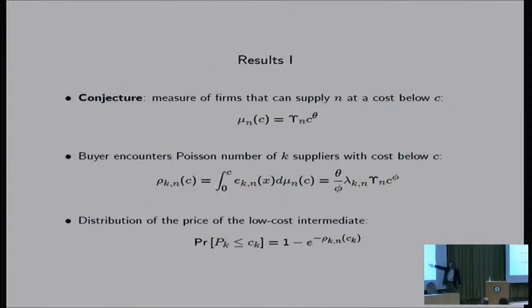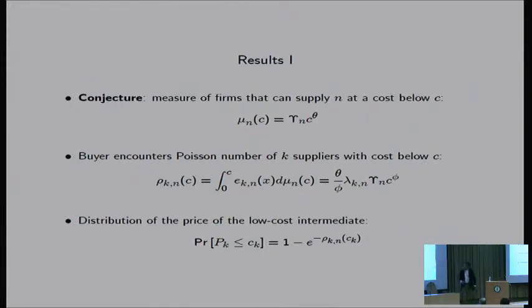And all you're doing here is integrating over the measures of firms whose cost is below C. You're integrating that Poisson intensity term, the encounter term, the E. And when you do that integration, you end up with the term on the right.